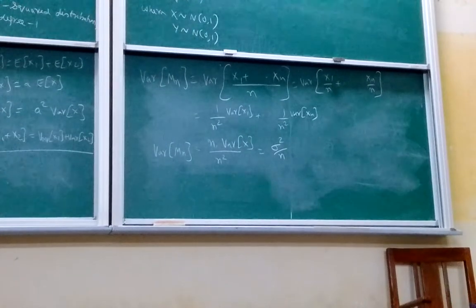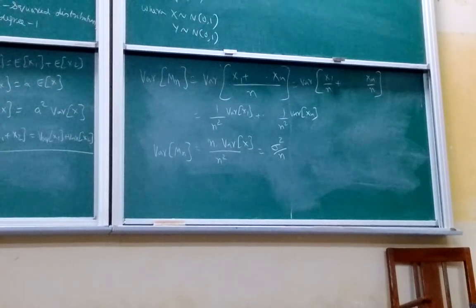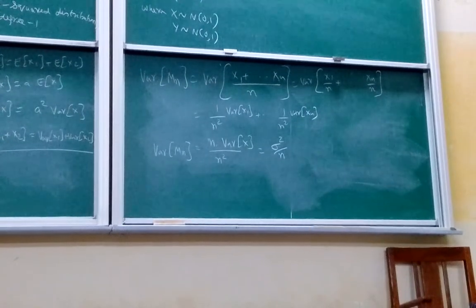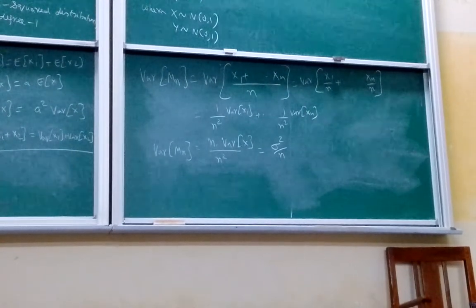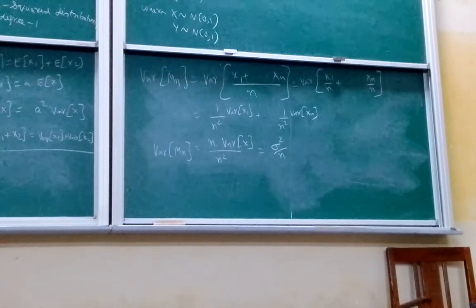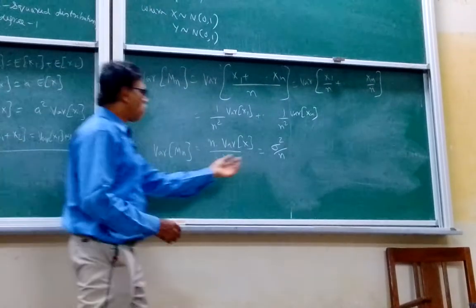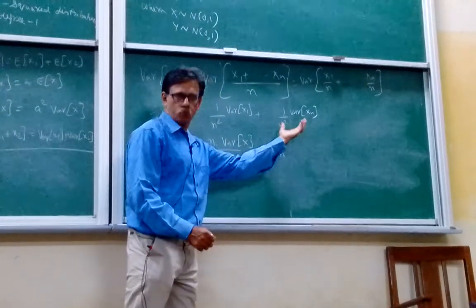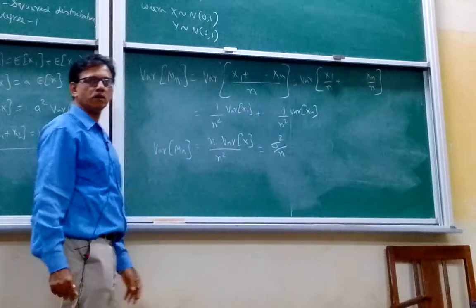The beauty of taking the sample mean is that the mean remains the same as the individual mean of the IID random variables, but the variance becomes less and less. Variance becomes 1 by n times the variance of the original random variable.